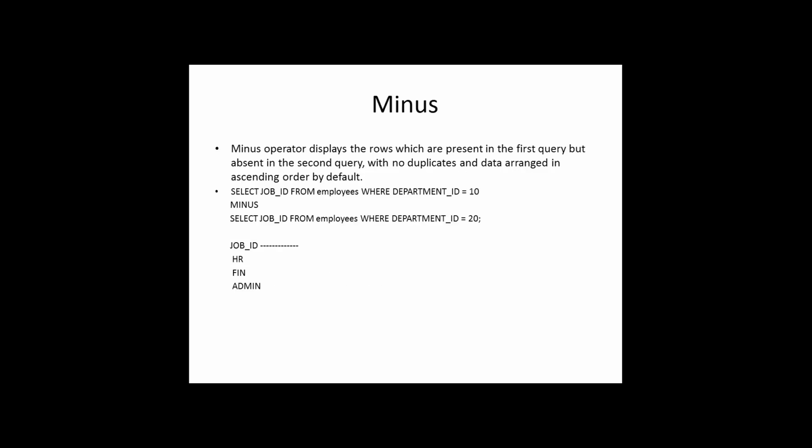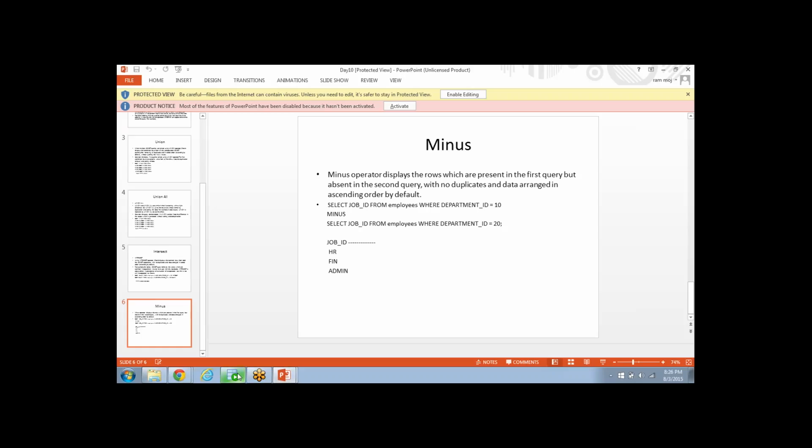Minus also works the same way. It takes the precedence of the first query. If you have 1 2 3 4 5 and minus select 1 2 on the second side, it will minus 1 2 and display only 3, 4 and 5. I'll show you in the example how the union operator works.